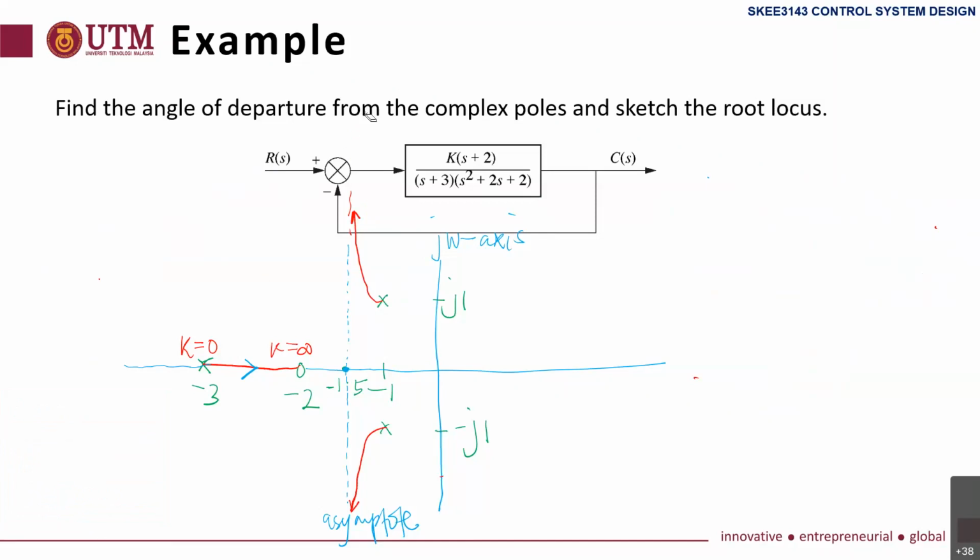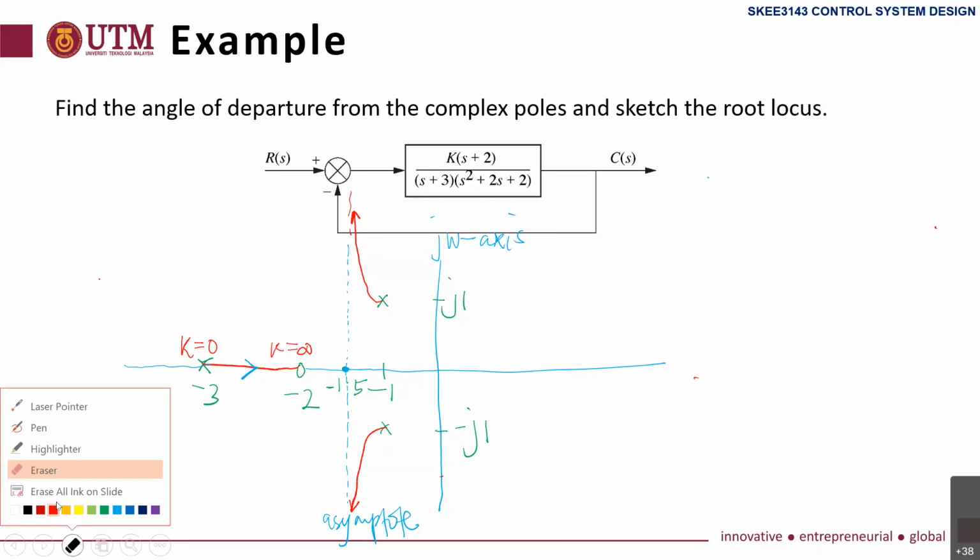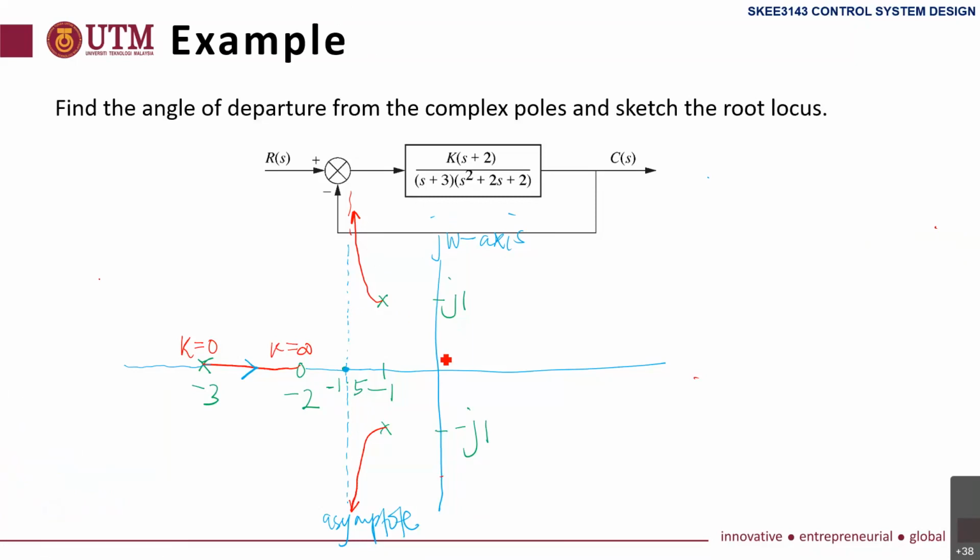For this example, the root locus is not crossing the j omega axis because it always follows the asymptote and goes up. Ideally it will meet the asymptote at one point, but it will never cross the j omega axis.